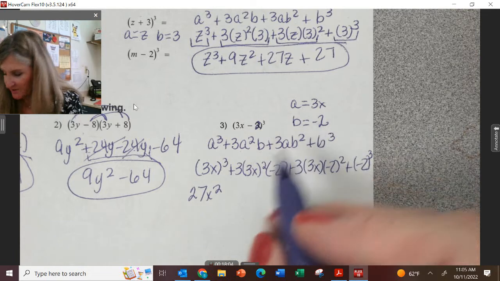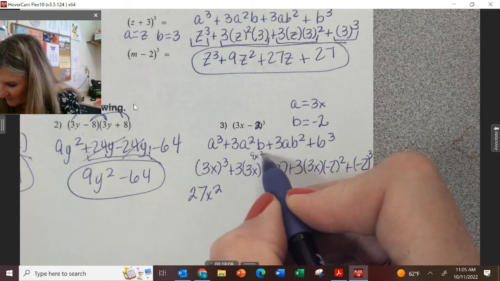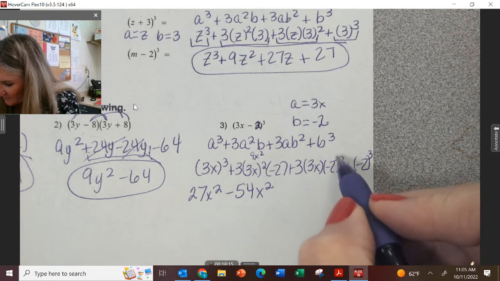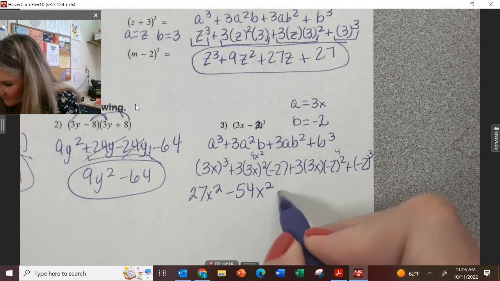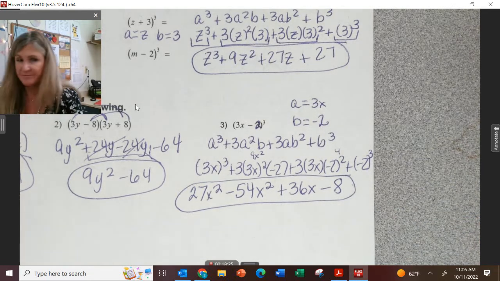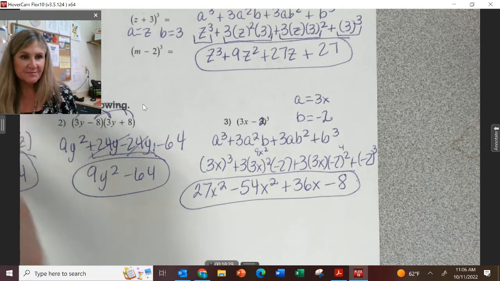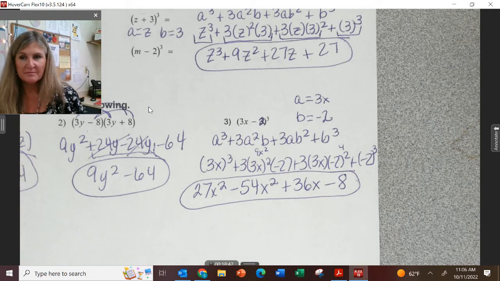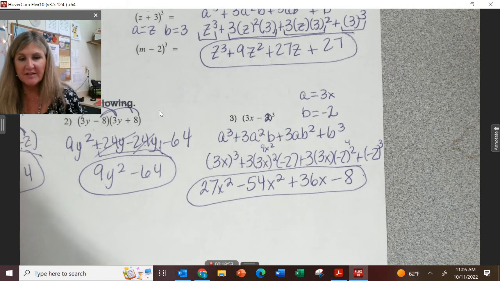Make sure you do exponents first. So work through it, see if you can get this answer.